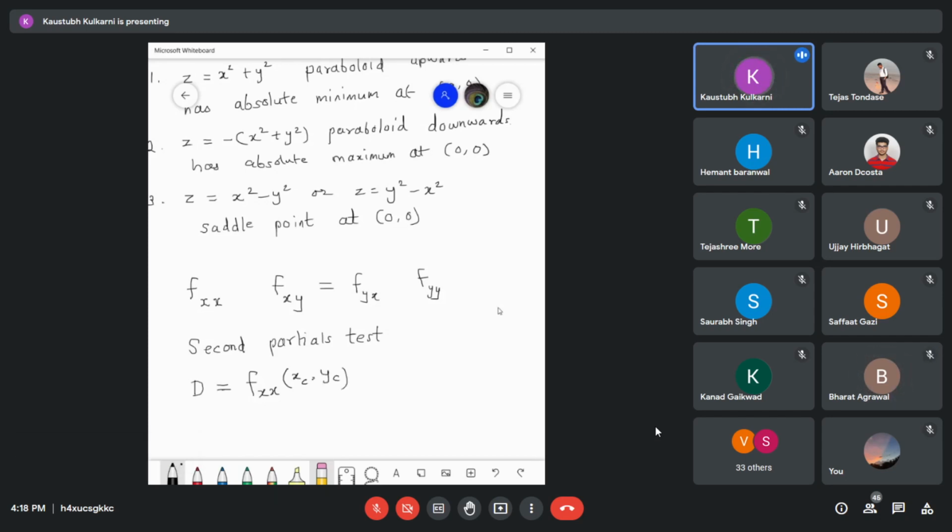We have already found the critical point xc, yc, and then we are applying the second partial test, like the second derivative test. So f of xx multiplied by f of yy at the point xc comma yc, minus f of xy at xc comma yc times f of yx at xc comma yc.